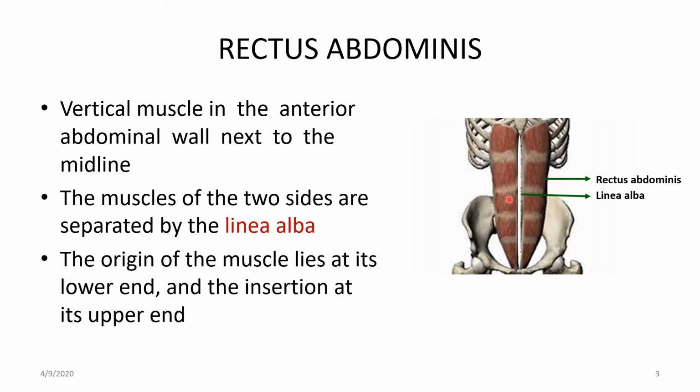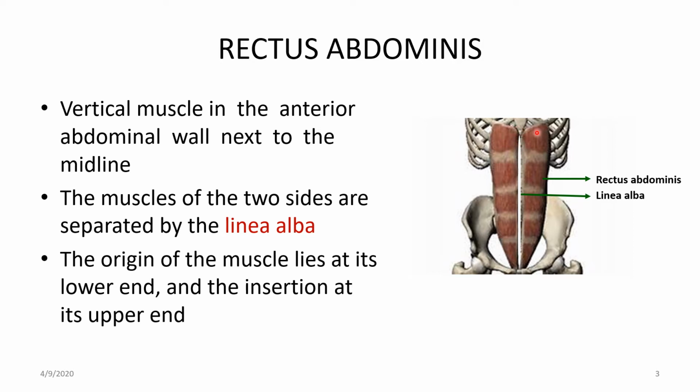The two muscles on either side of the midline are the rectus abdominis muscles, and we are seeing the linea alba, which is formed by the interlacing fibers of the aponeurosis of external oblique abdominis, internal oblique abdominis, and transversus abdominis. So this is the linea alba in the midline, and you are seeing the rectus abdominis muscle on either side of it.